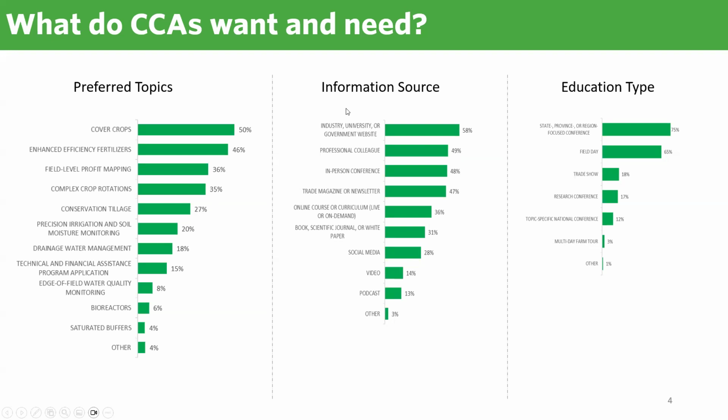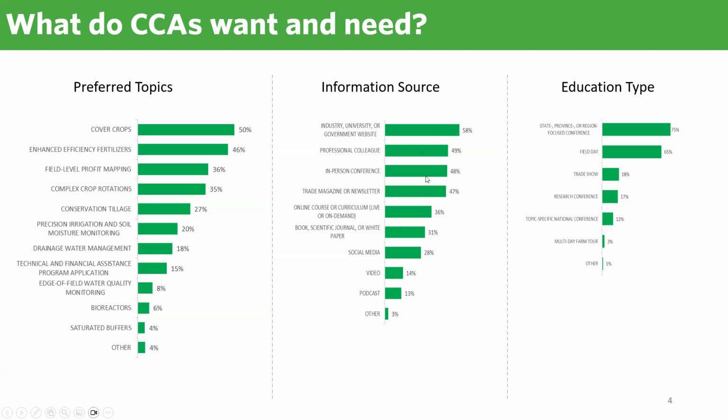We also learned that when they look for a source of information, CCAs and farm advisors are very focused on learning from the industry, university, and also from professional colleagues and conferences as well. And how they want to learn is through state-provided trainings like this one, or conferences. So that's how they are learning.